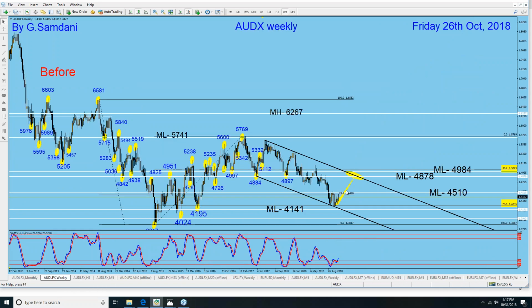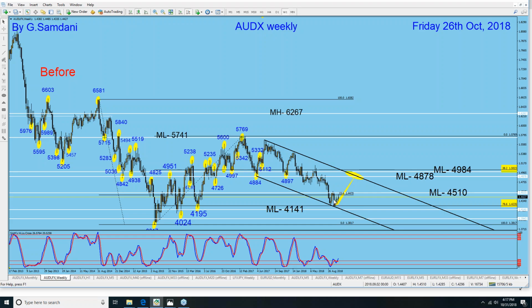Aussie index, this is the weekly chart that I made, that the possibility is that we are bouncing. See this whole A, B, and then this is C correction at 78%. So if anything, if we are going to the upside, then Aussie will get strong, right?